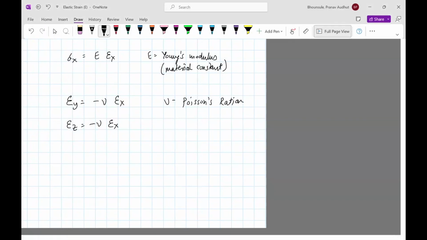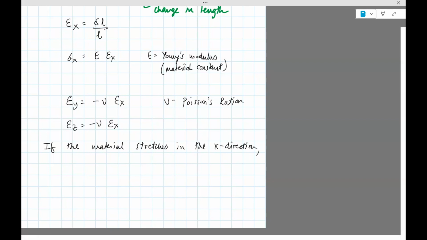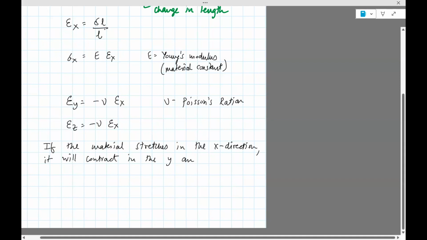This says that if the material stretches in the x direction, it will contract in the y and z direction.